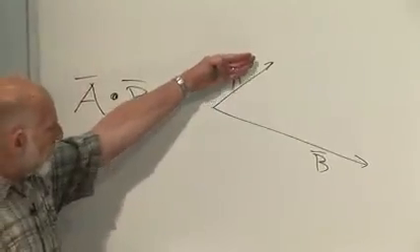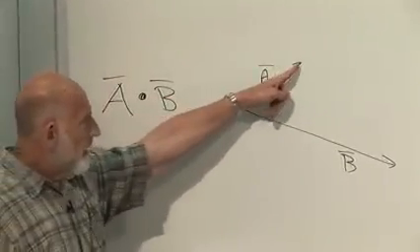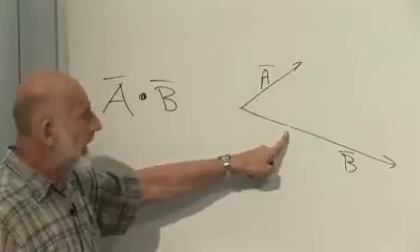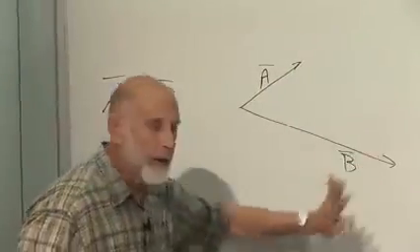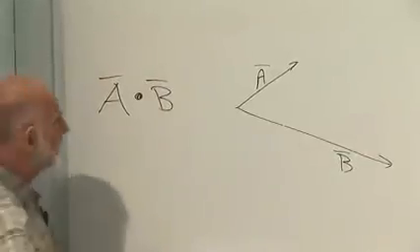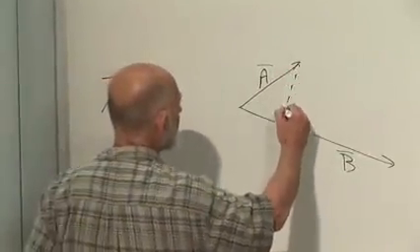That means you drop a perpendicular from the end of A to the axis, not to the x-axis, not to the y-axis, not to the z-axis, but to the axis defined by B. So you drop a perpendicular.